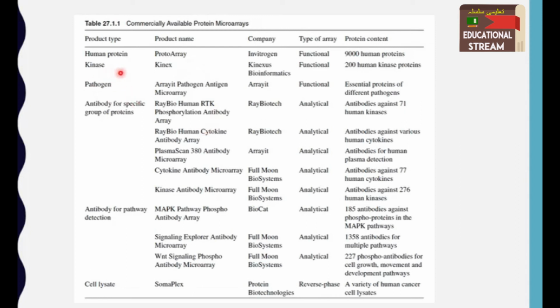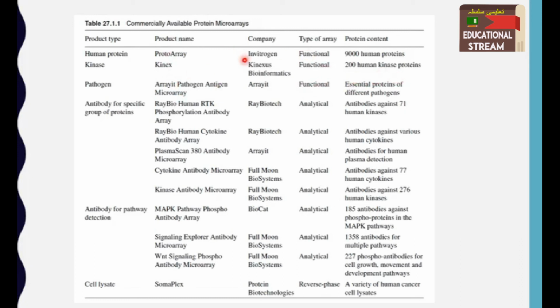For the study of human proteins, there is a prototype array, produced by Invitrogen, called ProtoArray. For the kinase study, the Kinexus Bioinformatics company provides the Kinex microarray for functional study, and we can identify 200 human protein kinases from this.